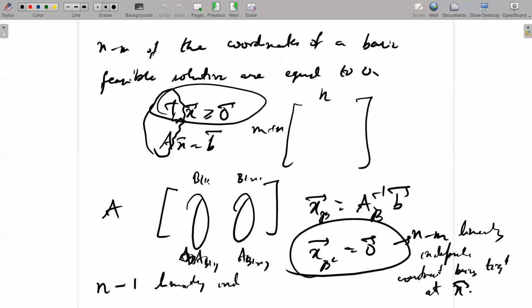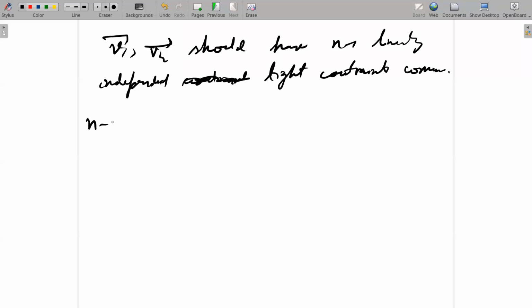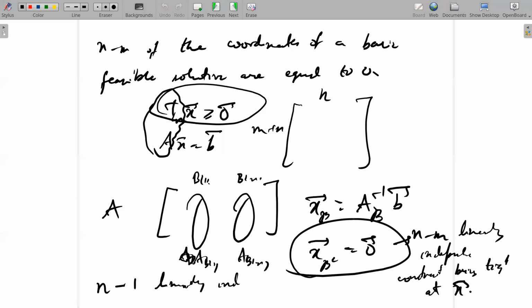And anyway, amongst those sign constraints, n-m-1 of them are already common.